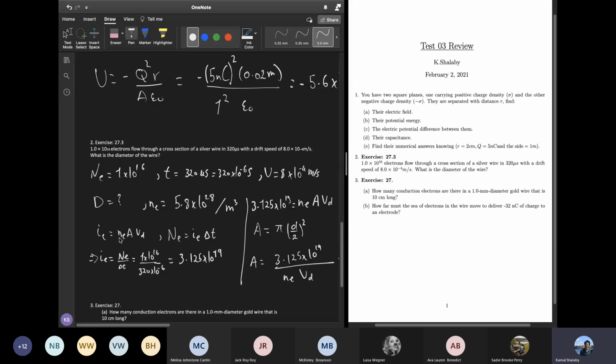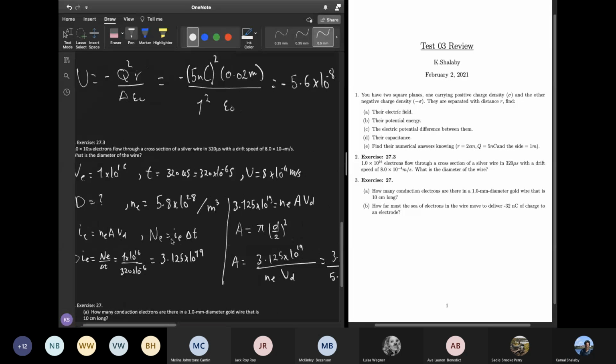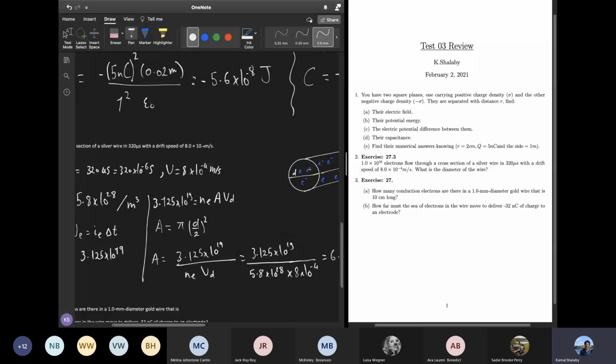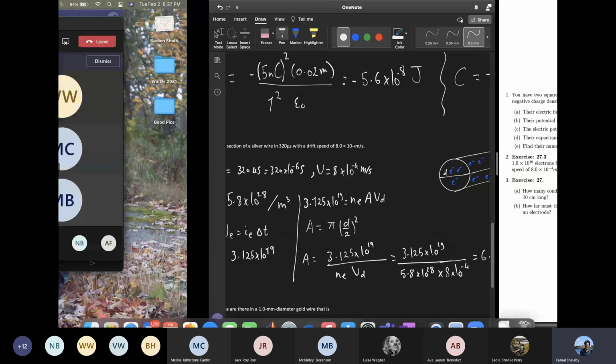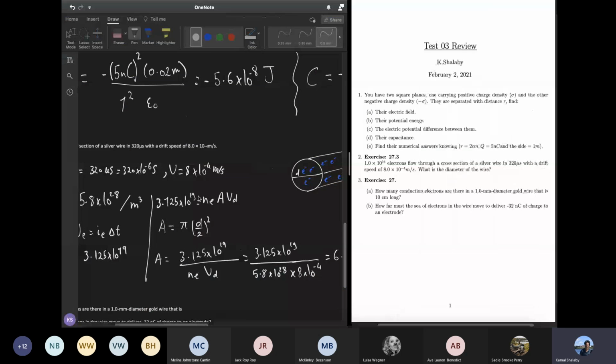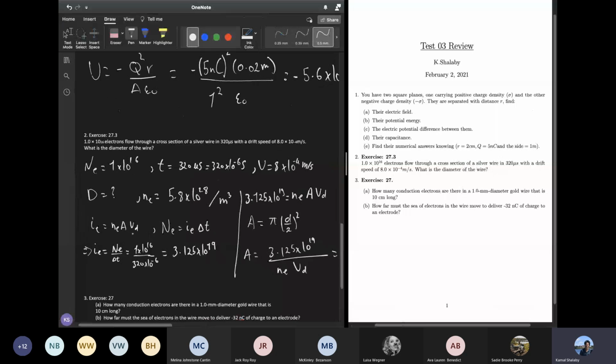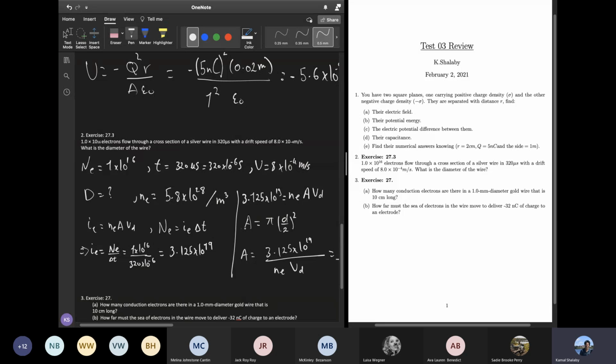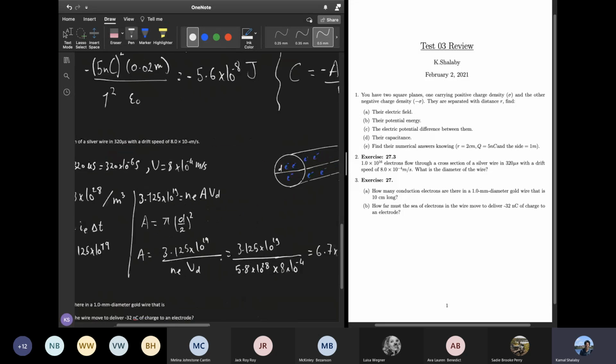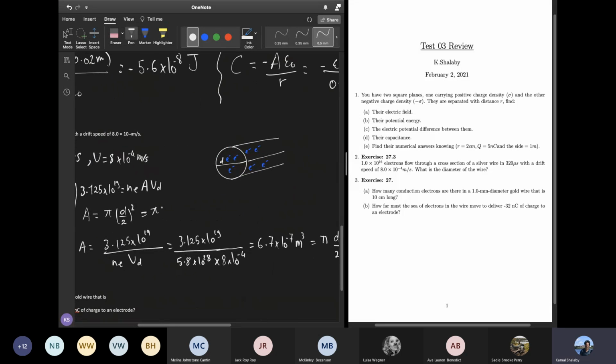So what we need to find is the area. So we divide everything that we have except for the area over the electric current, which gave us the total area of the wire. Then, knowing the area is equal to pi r squared and r is equal to d over 2, we were able to find what d is equal to.